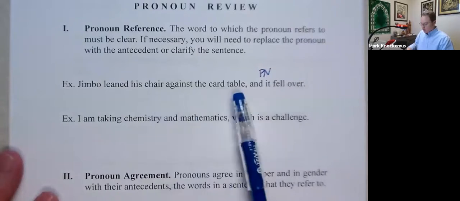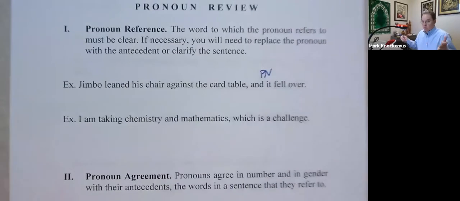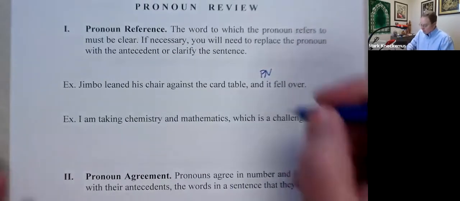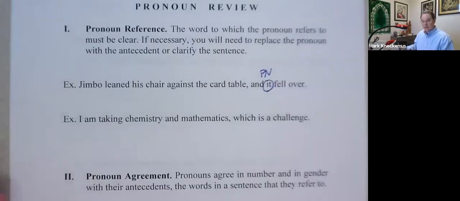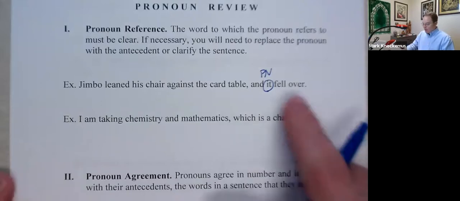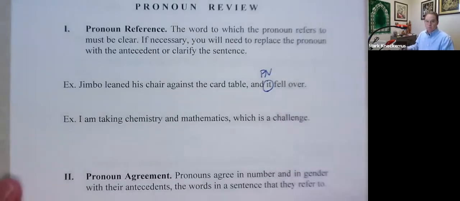The chair or the card table? We don't know. So whatever it is, we would have to replace that pronoun with the antecedent. Remember, antecedents, those are the nouns that the pronoun points to. So to fix that, whatever fell, we would have to put that noun in.